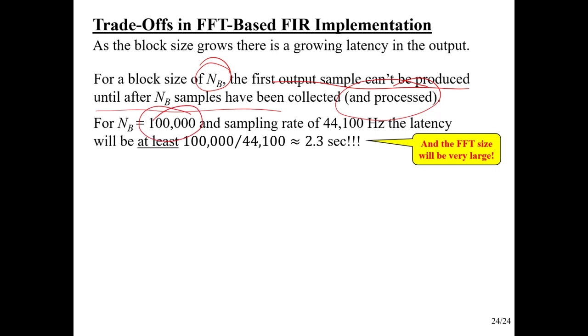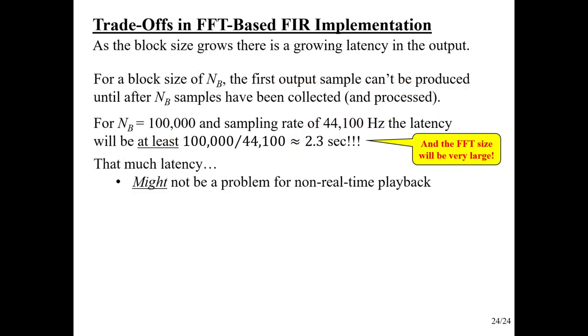I don't know if that's reasonable, but you go back and look at that contour, but that's going to be a latency of 2.3 seconds. That's huge. But I already alluded, if we made that just 10,000, that's a quarter of a second. 1,000, that is 1/40th of a second. So what is that? It's like 0.025. That's 25 milliseconds. So we're getting close to the kind of latency that's not good.